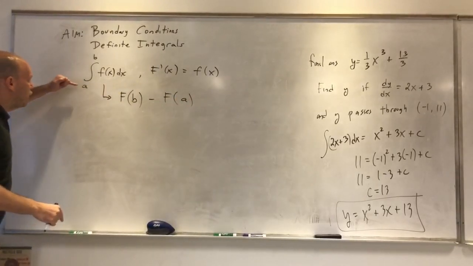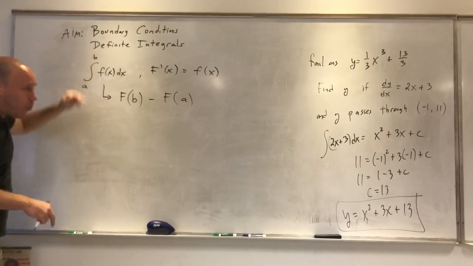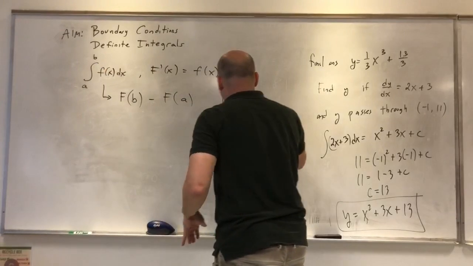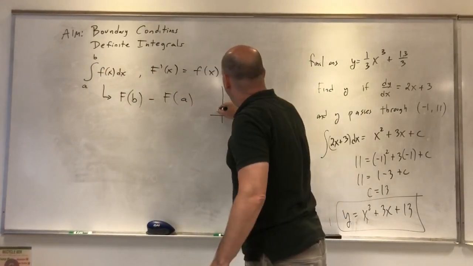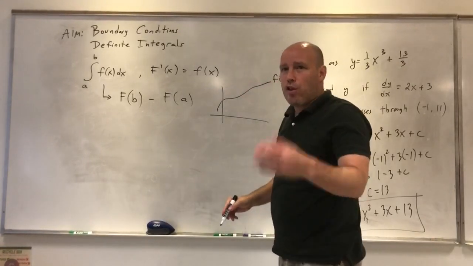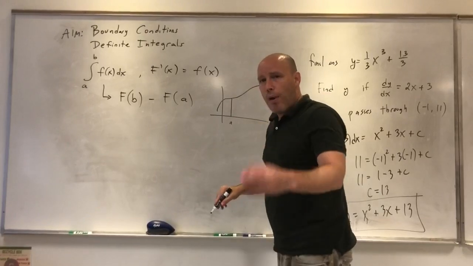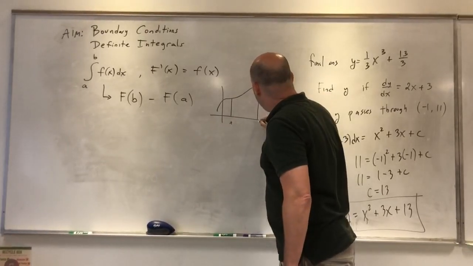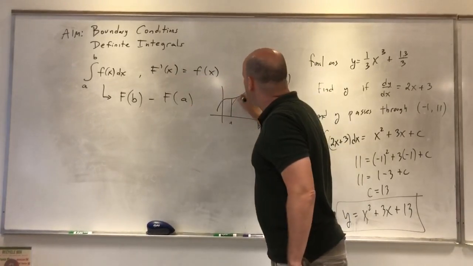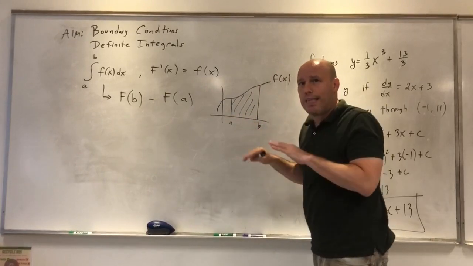This is our lower bound, and this is our upper bound. We're going to have a curve, f of x. I'm going to give you a lower boundary of a and an upper boundary of b, and this process of integration will tell us the area under the curve. But for today, we're just doing the algebra.